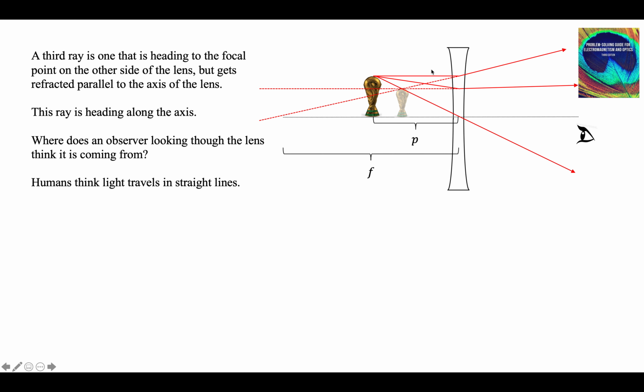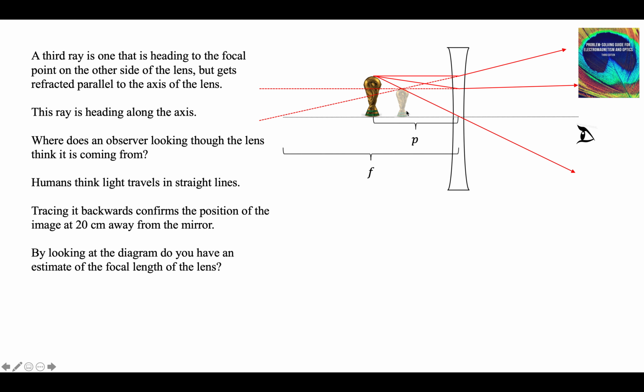We trace it back, it goes right through the top of the image, as it must. Any ray that goes through this lens from the top of this object must go through the top of the image. So the image is indeed 20 centimeters behind the lens.